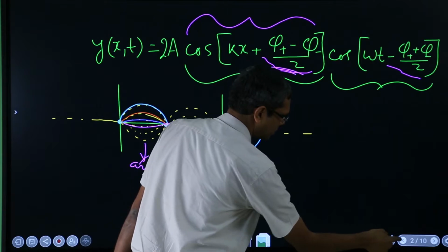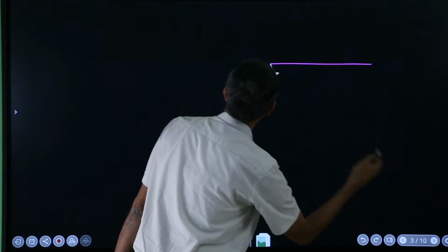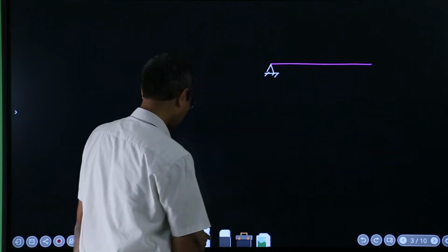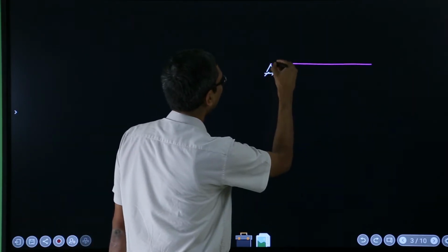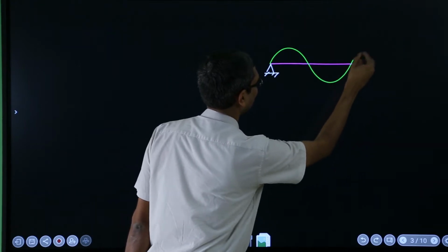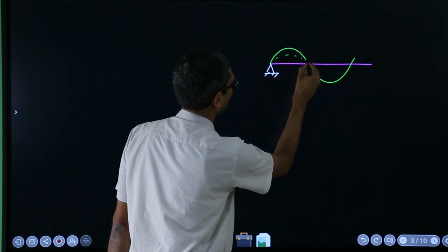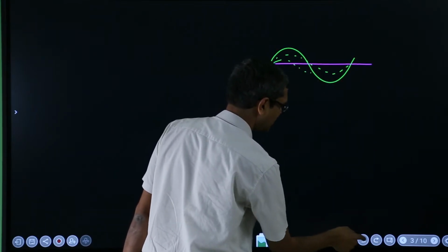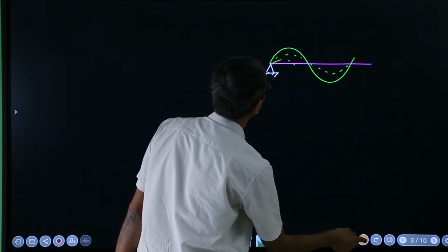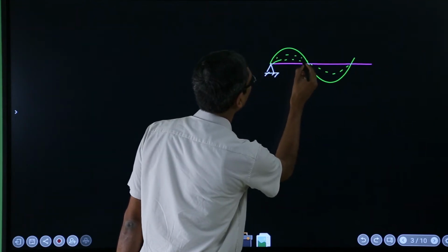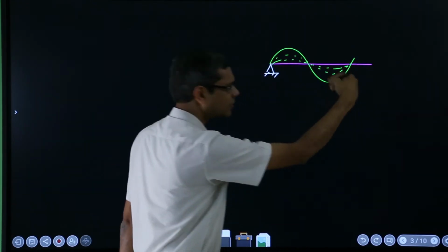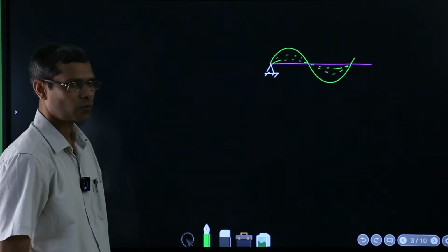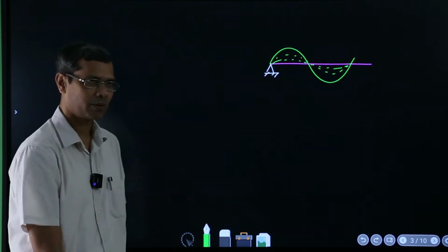Here, if you have a standing wave, you will have to have something like this only. It cannot be otherwise. It will move because this point has to be fixed now. So one of the nodes must be at that point.